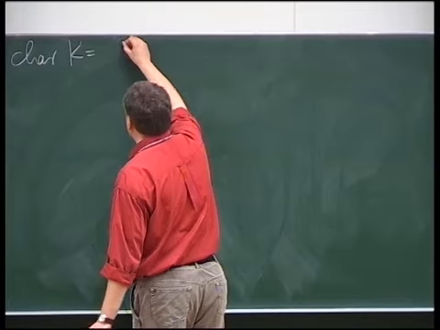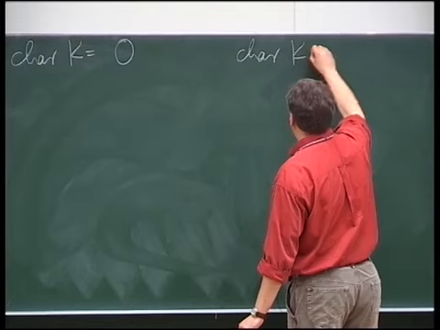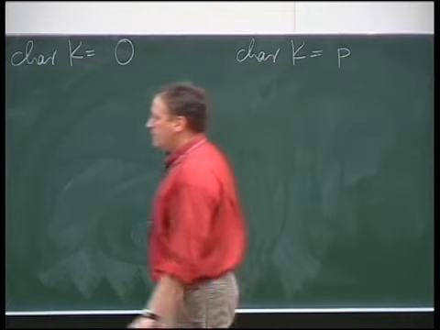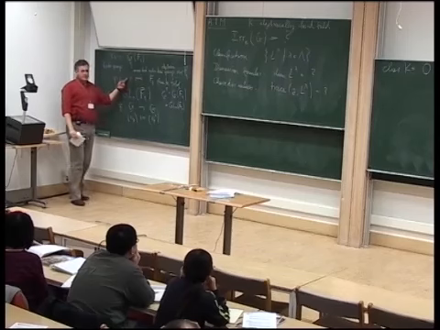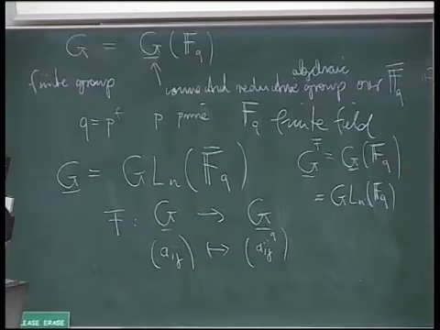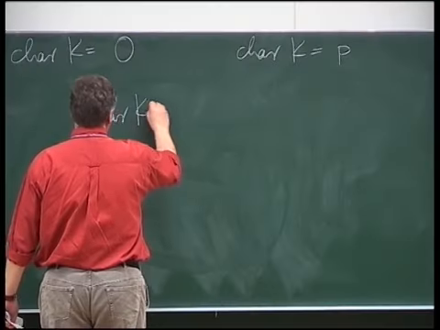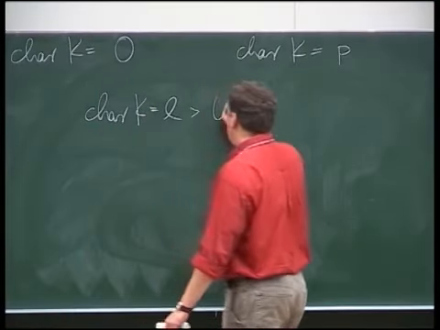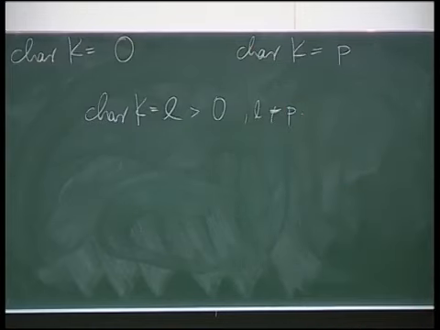If this here is 0, or if next case would be that the characteristic of this field is the same as the characteristic over which the group is defined. And the third case would be that it's again positive characteristic, but not the same. So we have these three basic cases.